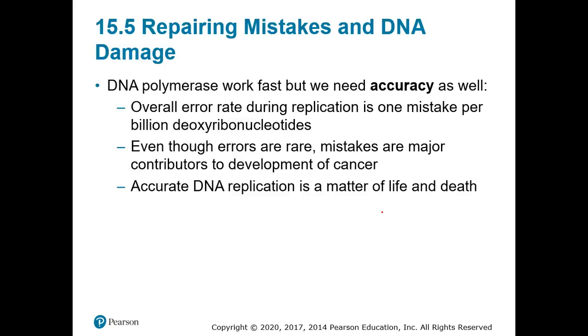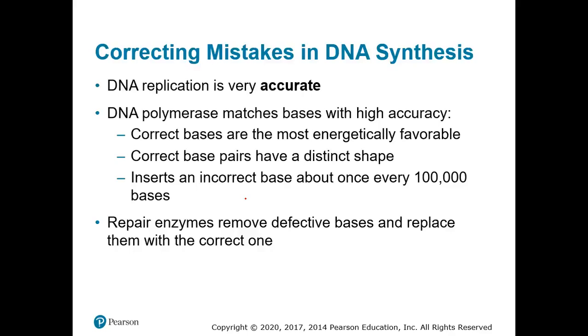Any change to our DNA sequence is called a mutation, and a lot of mutations result in things like the development of cancer. Now, not all mutations are bad. We're going to talk about that, but a lot of them are. And so accurate replication is really life or death. It is very important.